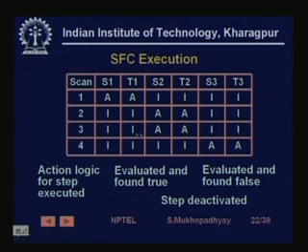In scan 3, T2 may evaluate to false, so these two continue to be active, while at scan 4 T2 may become true, so S3 becomes active, and then any transition outgoing from it becomes active. In this way, certain parts of the program at a time become active as the system moves through the sequential function chart.